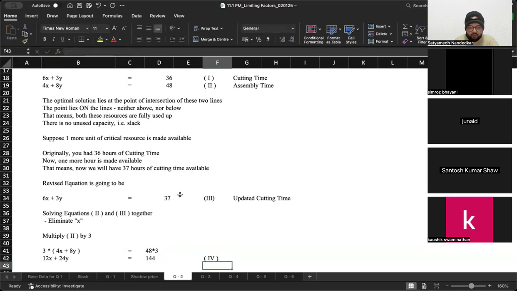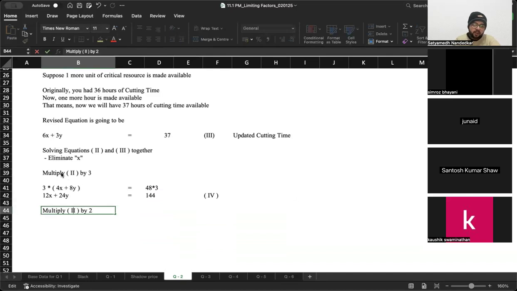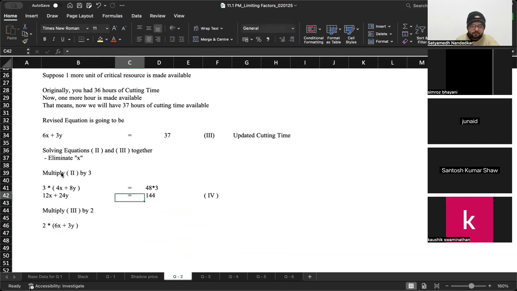Okay, and I have to multiply equation 3 by the number 2. So 2 into 6x plus 3y is 37 into 2.